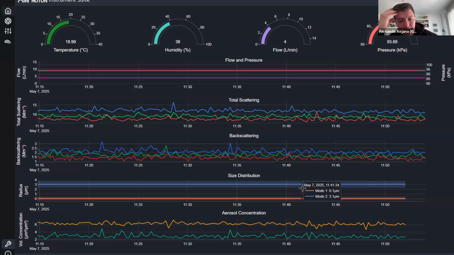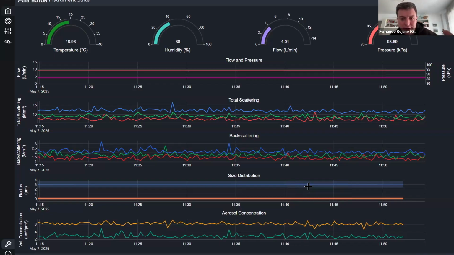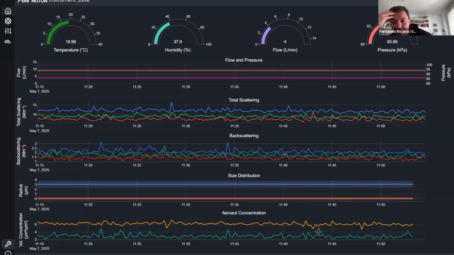The thing that we want to show is that we have the measurements displayed here in the first two panels, and the bottom panels are the GRASP retrieval. It seems like all of this is the measurement of the nephelometer, but not. We have the optical properties and then we have the retrieval.